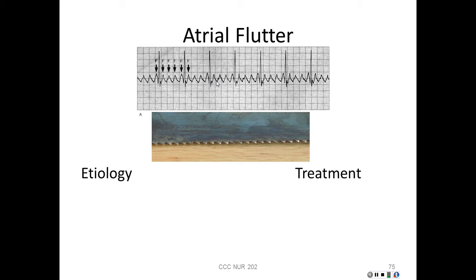You may see it with patients who have mitral or tricuspid valve disease. You may see it in patients with pulmonary edema, pulmonary embolism or cor pulmonale. It can be with an infection within the heart, whether it's an intracardiac infective process or pericarditis. You can see it with digitoxicity, hyperthyroidism, alcoholism. All of those can be part of the causes.